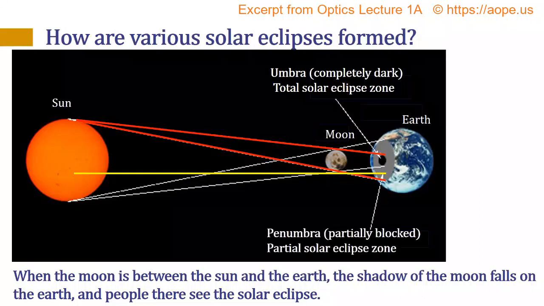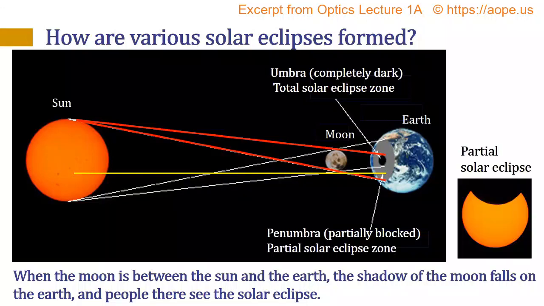Those who stay in this ring area, this gray zone, are not able to see the sun completely. This gray area is called a penumbra. People in this area can see a partially blocked sun. This is a partial solar eclipse.